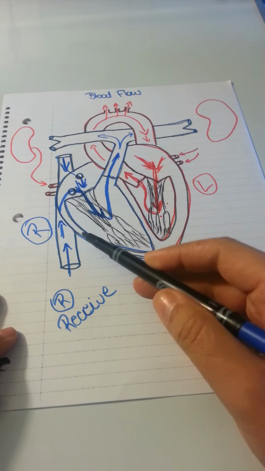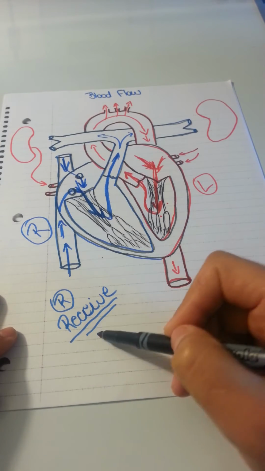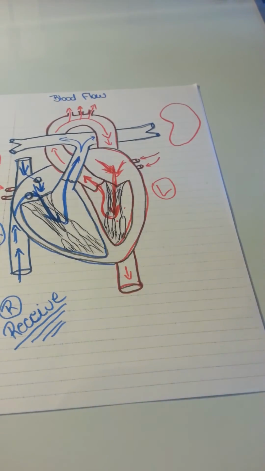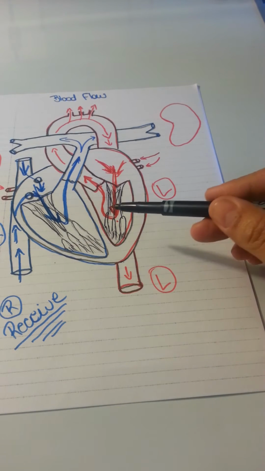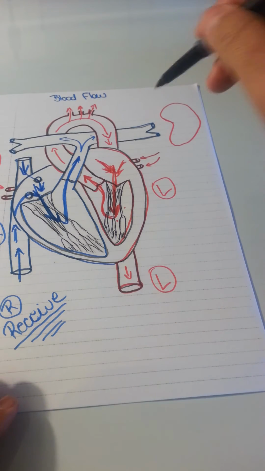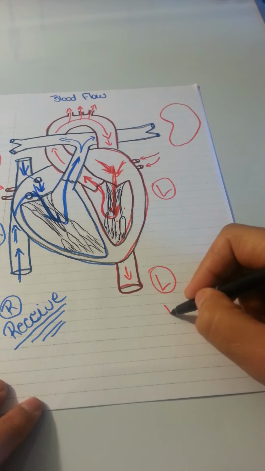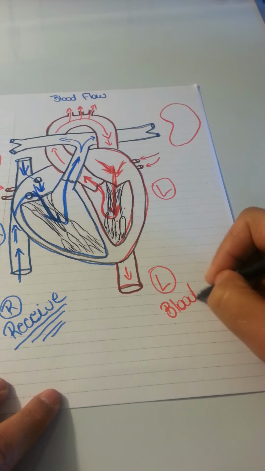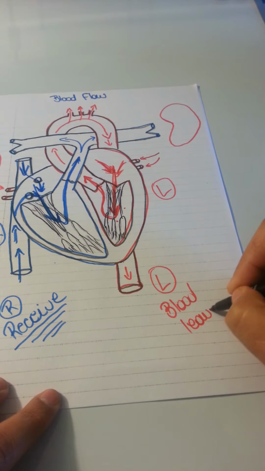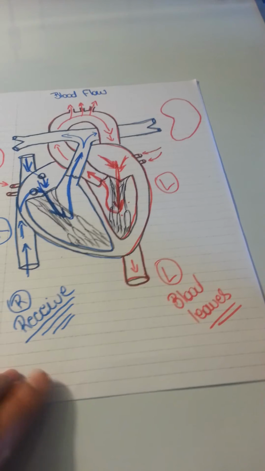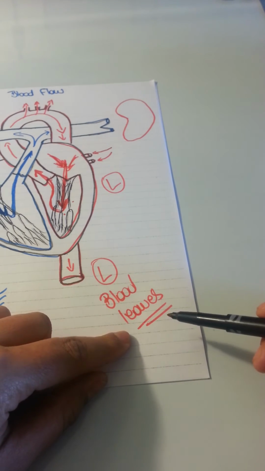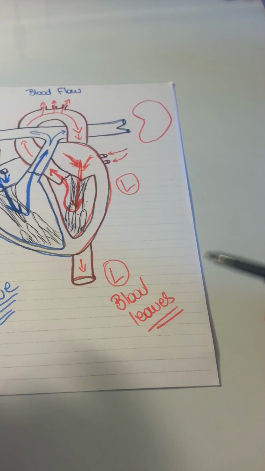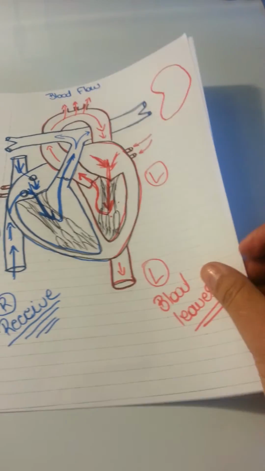So the right side of the heart receives the blood, and the left side of the heart, now I like to refer to the blood instead of the heart, but I'll say that on the left side of the heart is where the blood leaves the heart. So the heart receives blood on the right side, and the blood leaves the heart on the left side. That's a good way to remember and not get it confused.